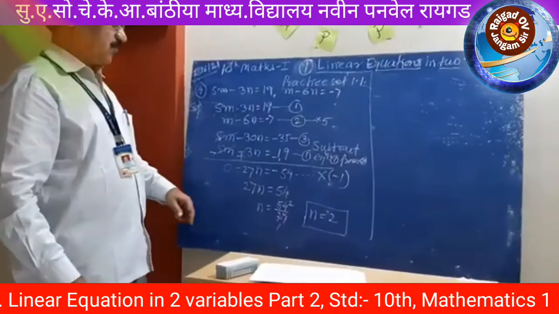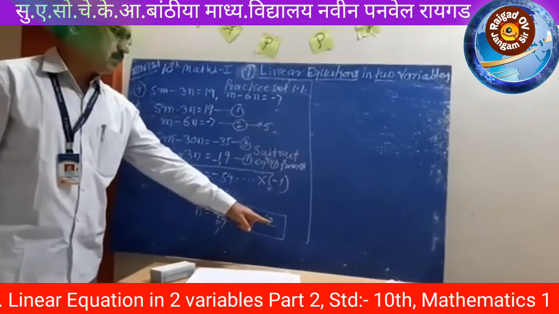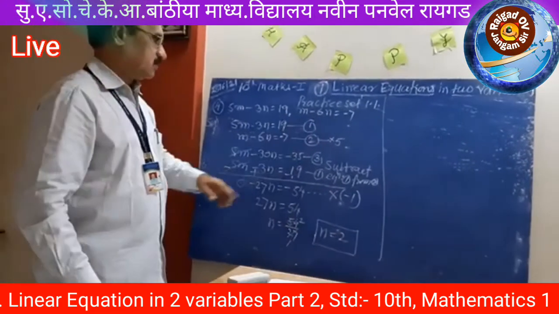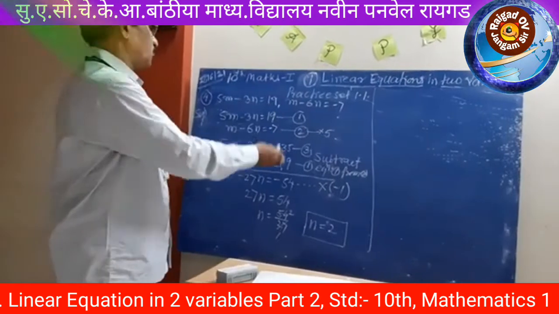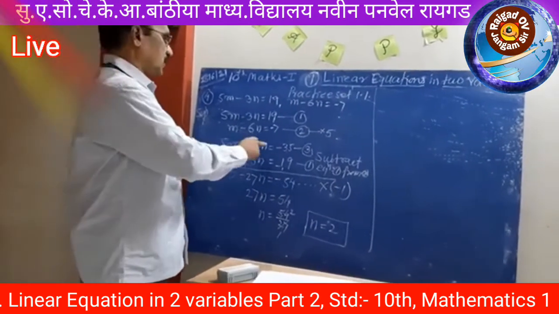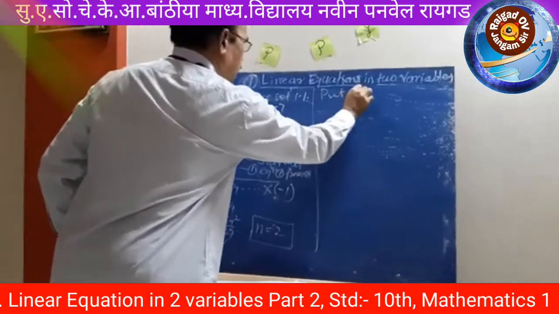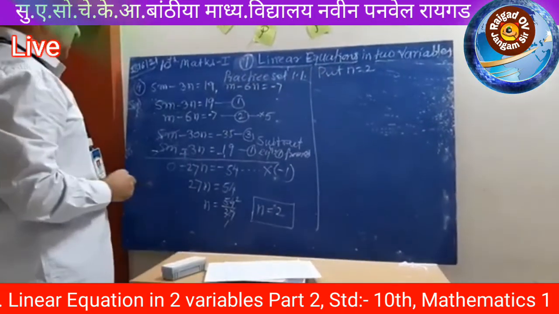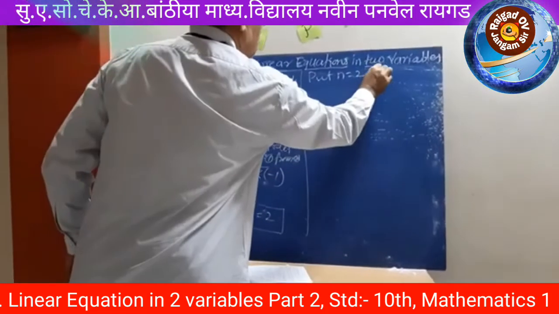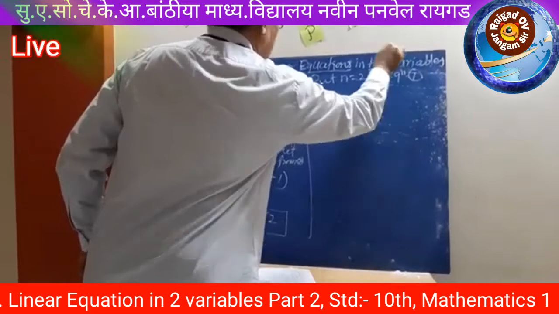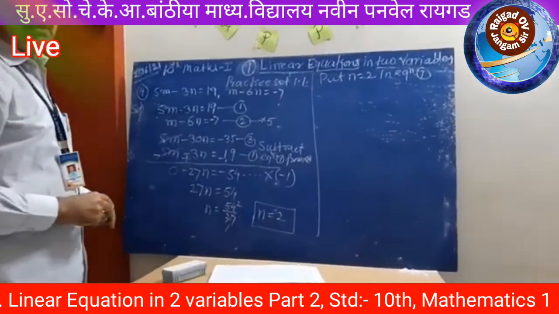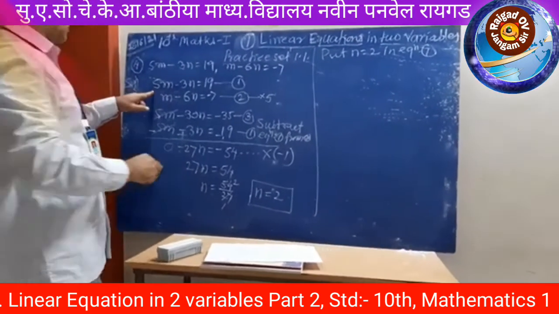Then for finding m, put n is equal to 2 in any one equation from these given equations. Put n is equal to 2 in equation 1. Equation 1 is as it is.